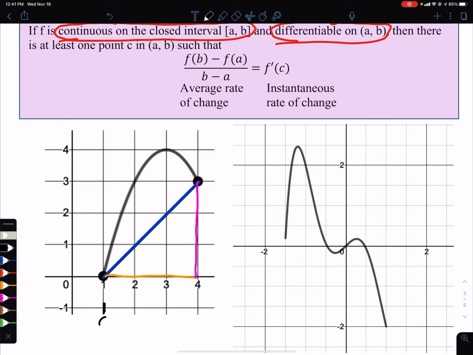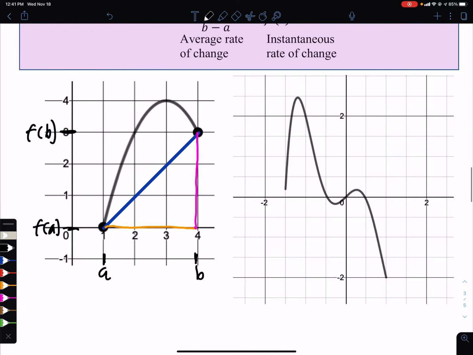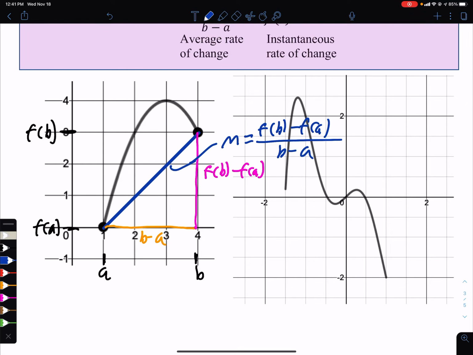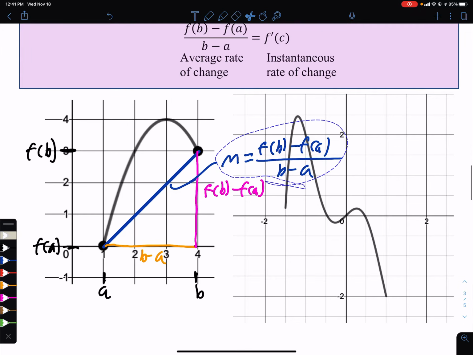We call this point A, this is B, this would become f of A, this point would become f of B. So the distance from here to here would be f of B minus f of A. And the distance here to here would be B minus A. So if you want the slope of this line, it's rise over run, or f of B minus f of A over B minus A.